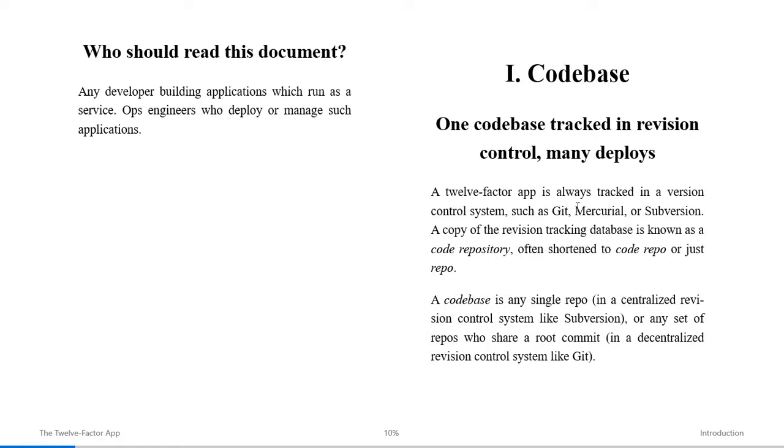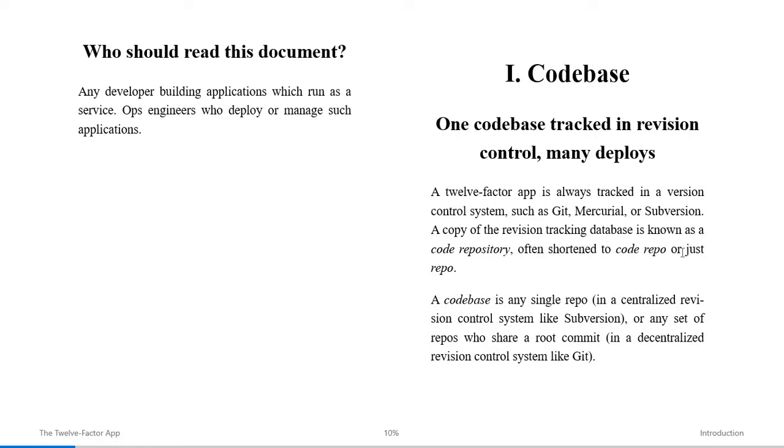A 12-factor app is always tracked in a version control system such as Git, Mercurial or Subversion. A copy of the revision tracking database is known as a code repository, often shortened to code repo or just repo.